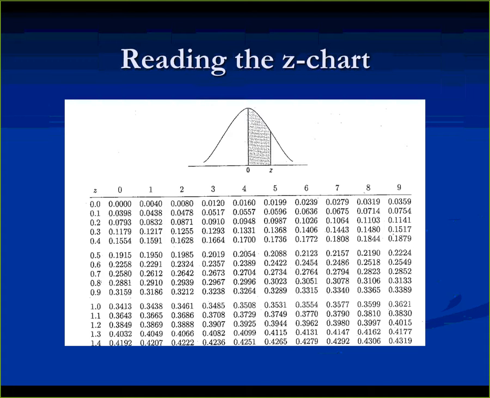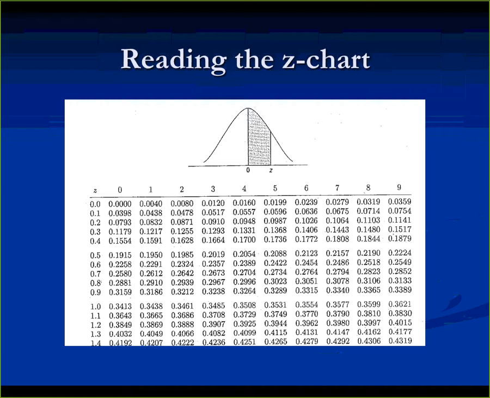So you are going to have to know how to read a z-chart to do these kinds of problems in statistics. And again, z is going to tell you how many standard deviations you are away from the mean. So if you take a look at the z-chart, which is pretty typical of z-charts, you're going to see the picture, which is representing a normal distribution. They've got a line right down the center, and there is a 0 down on the x-axis, and that represents the center of the distribution, where the mean equals the median equals the mode.